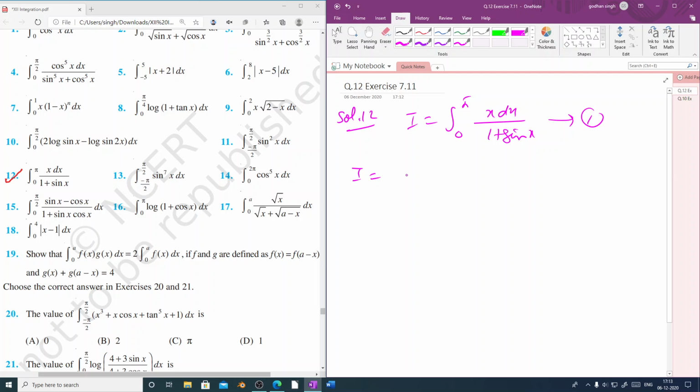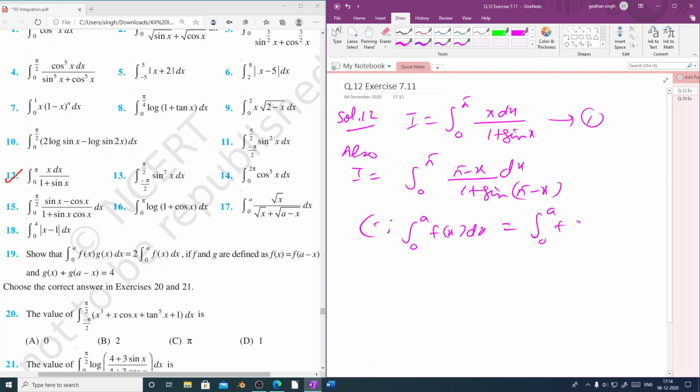So I equals the integral from 0 to pi of (pi minus x) over 1 plus sin(pi minus x) dx. Why? Because the integral from 0 to a of f(x) dx is the same as the integral from 0 to a of f(a minus x) dx.